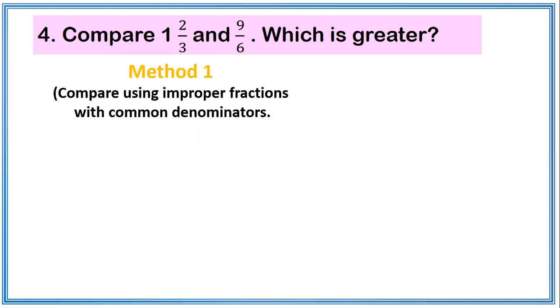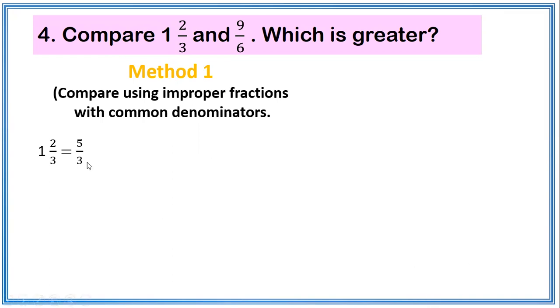So again, we can use two different methods. So let us use first method 1. So method 1 is compare using improper fractions with common denominators. So we will be using improper fraction.